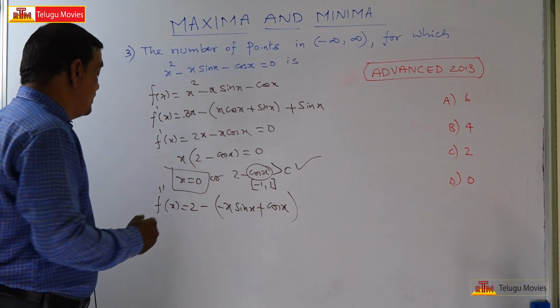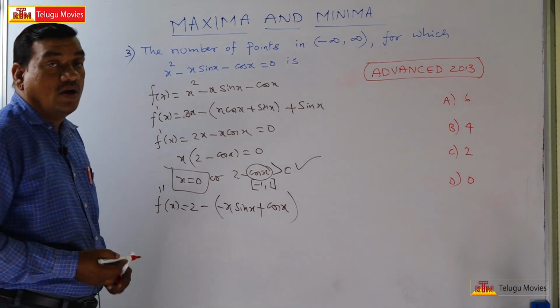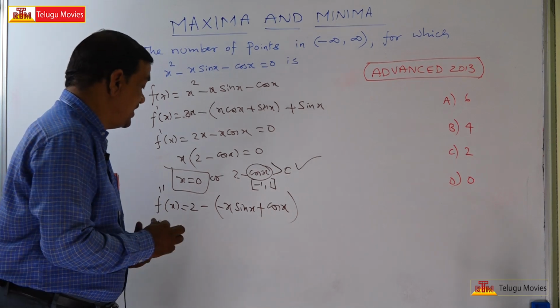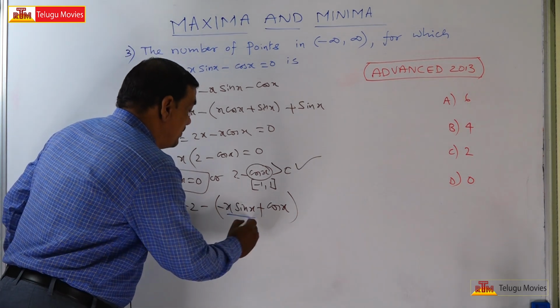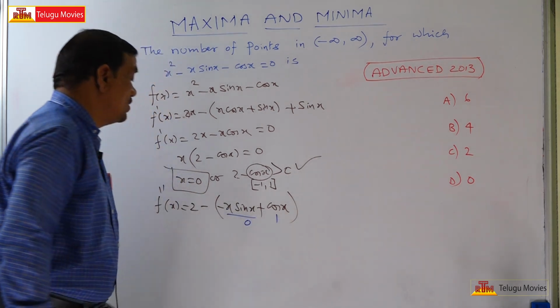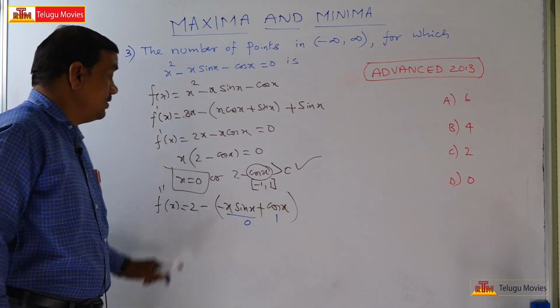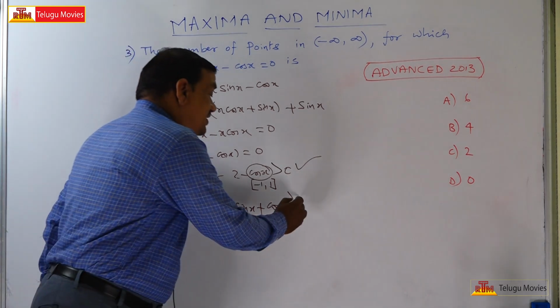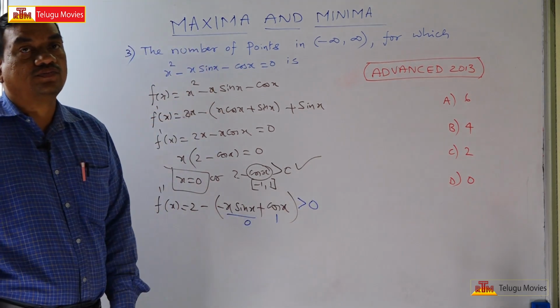Either it is positive or negative. Let us see. The sin term becomes 0, cos 0 is equal to 1, so it is 2 minus 1, which is 1. It is greater than 0.